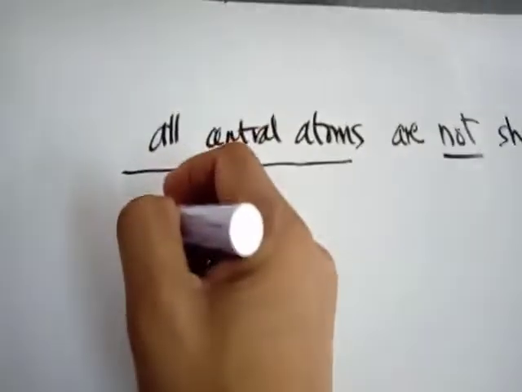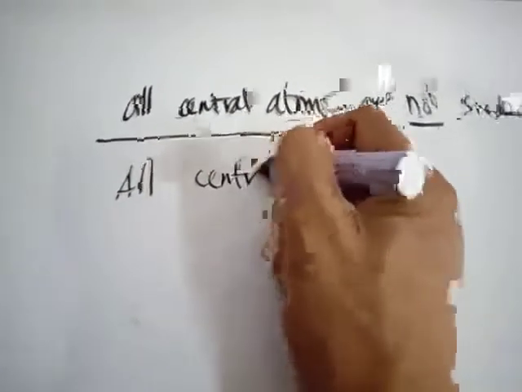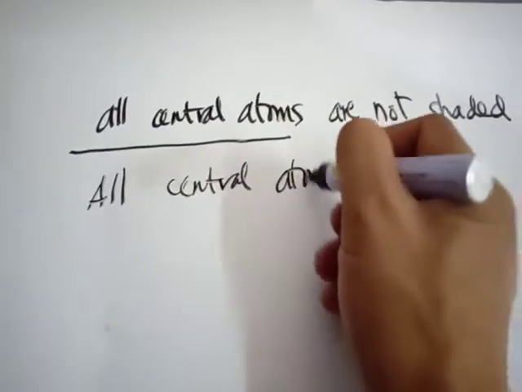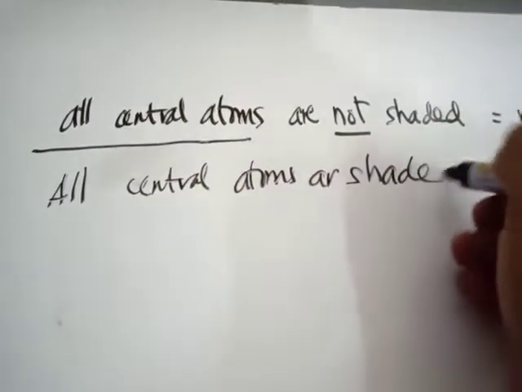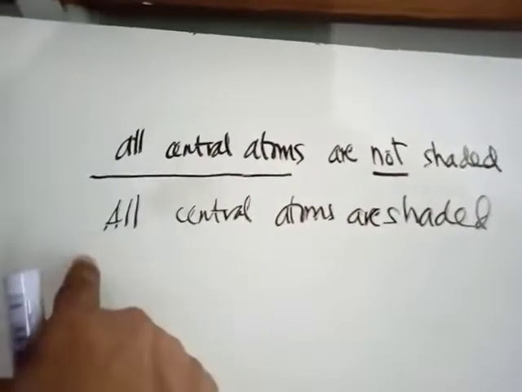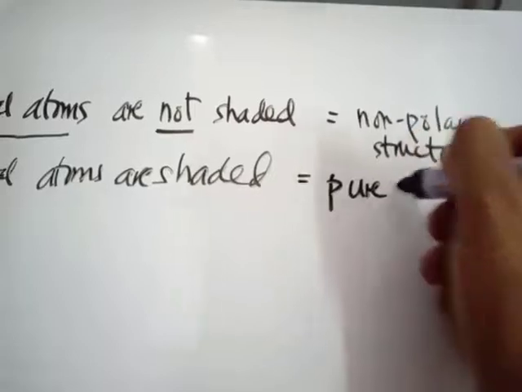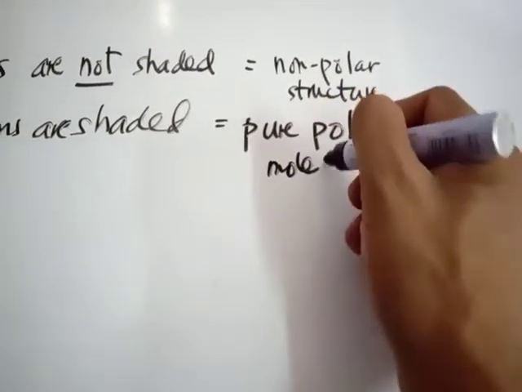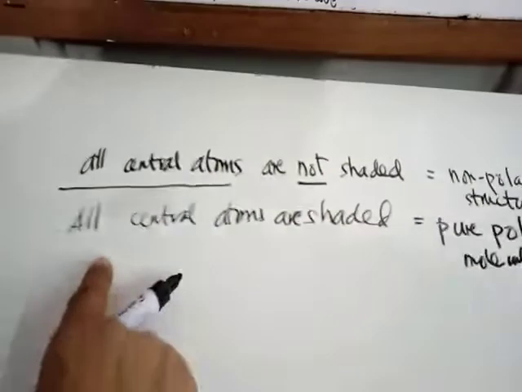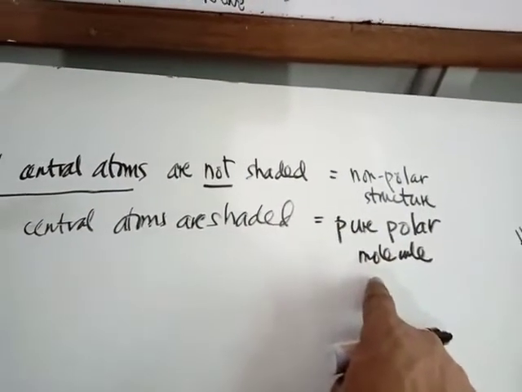So let me write it this way. All central atoms are shaded. If all central atoms are shaded, then they are pure polar molecules.